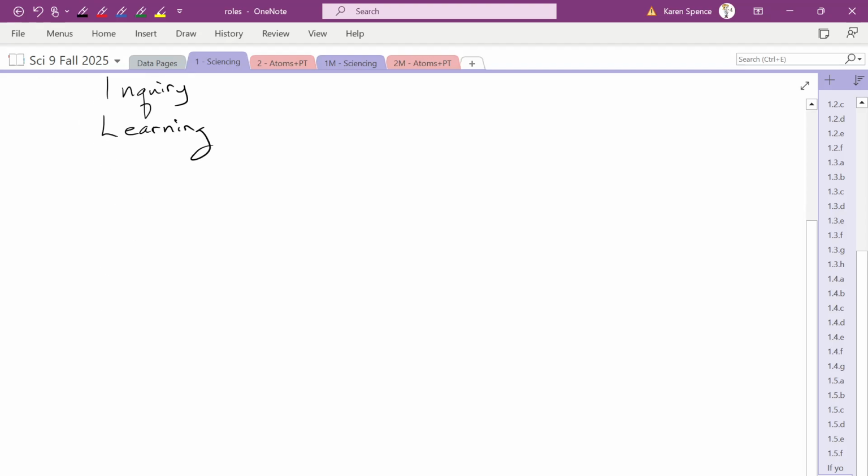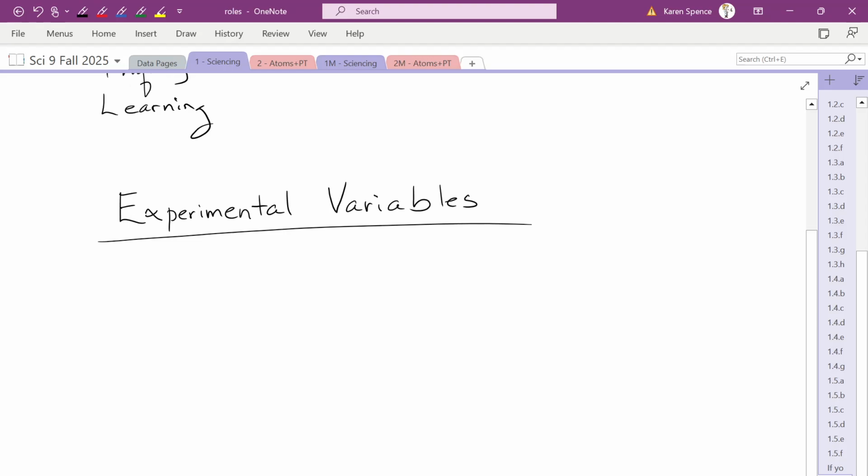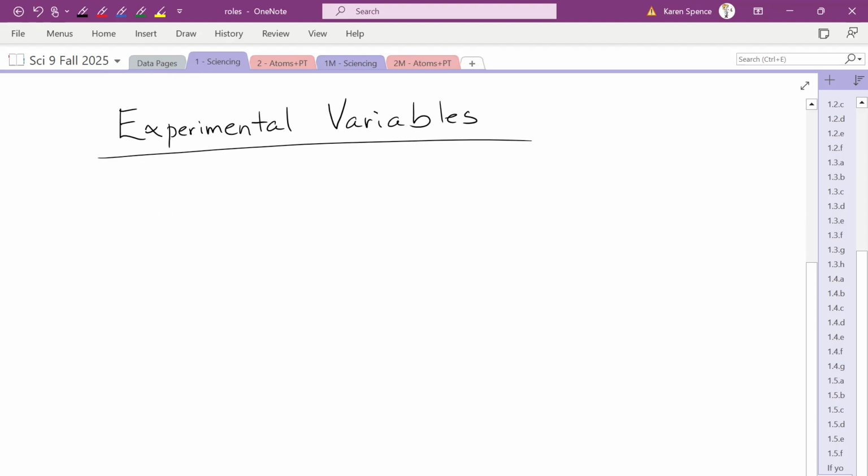And what we covered yesterday was experimental variables. So you could write down as your title, experimental variables. And what you're going to do now is you are going to try and remember the names of the different types of experimental variables, and you're going to write them down.